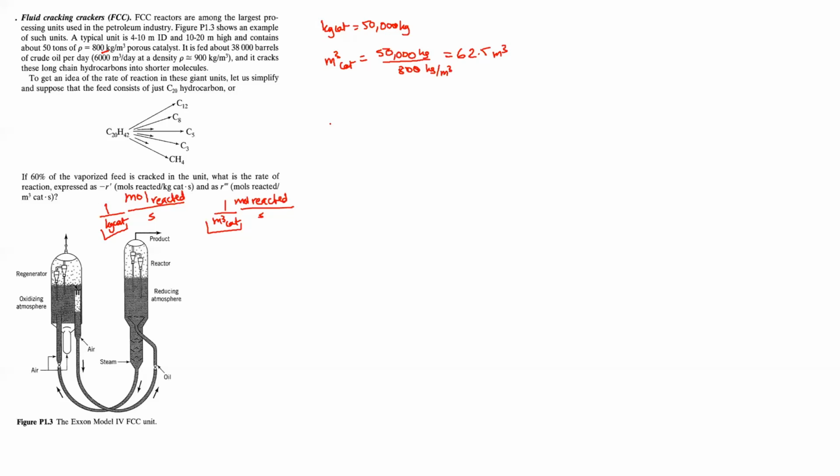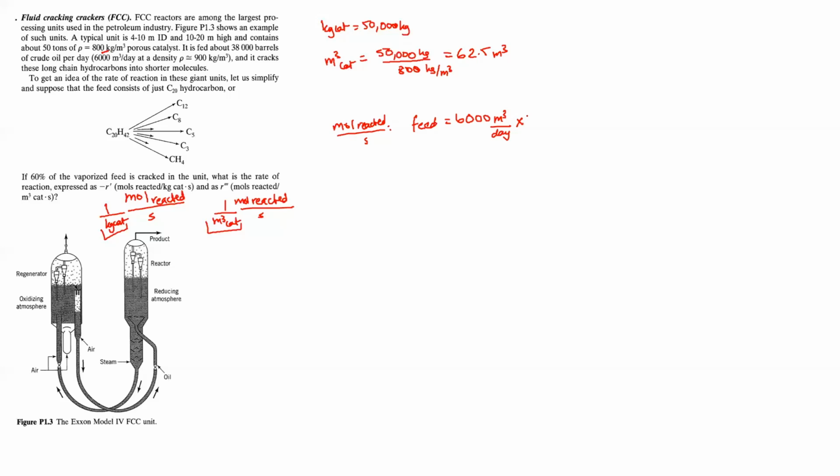Okay, so now I have these two parameters. Now I need to get the dN by dt, which is moles reacted per second. So I'm given some information about the feed. I'm told the feed is 6,000 meter cubed per day, and I'm given a density for this feed.